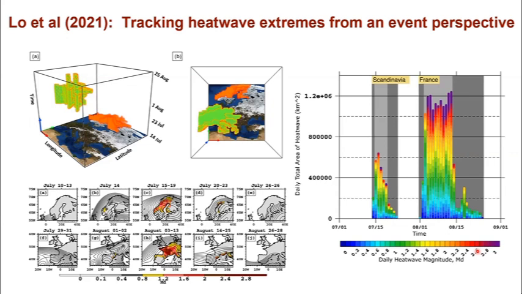I will explain it more, but there are only two main things you need to do to depict an extreme event. One is that you have to find a threshold to say where and when these extremes occur, so in terms of space and time you have the places and times where extremes occur.